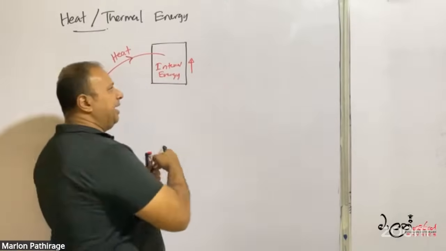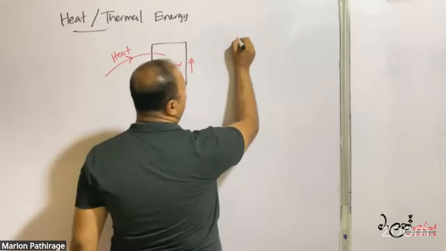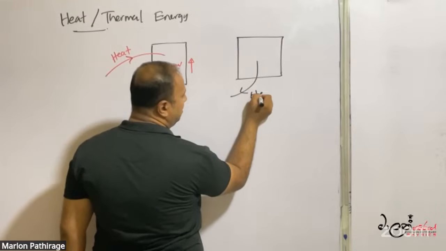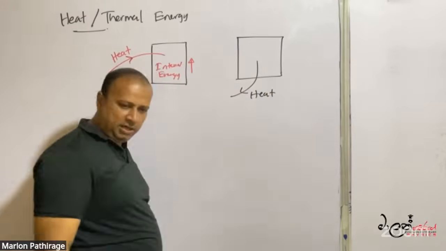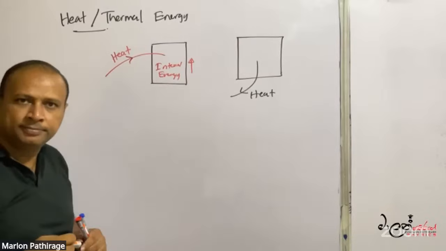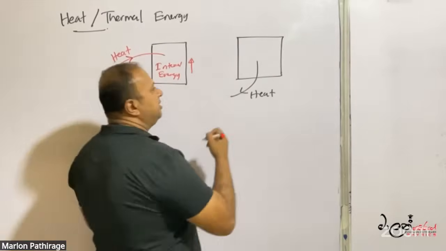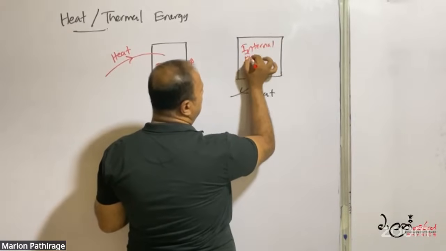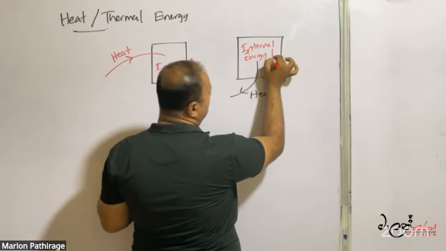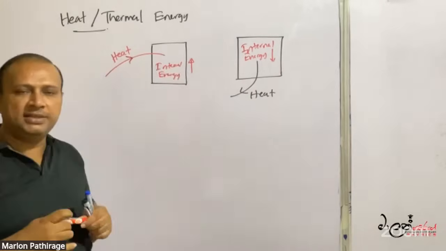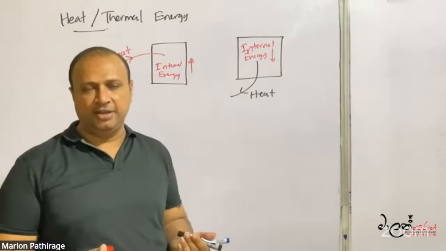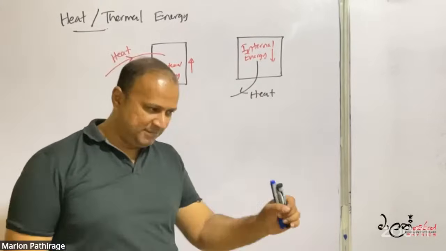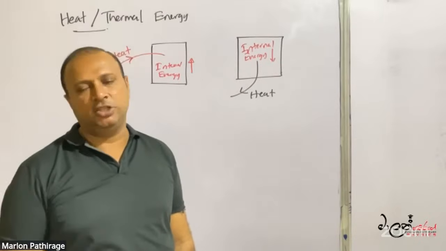On the other hand, if we remove heat energy from an object, its internal energy will be decreased. Therefore, heat is a type of energy that can change the internal energy of an object.